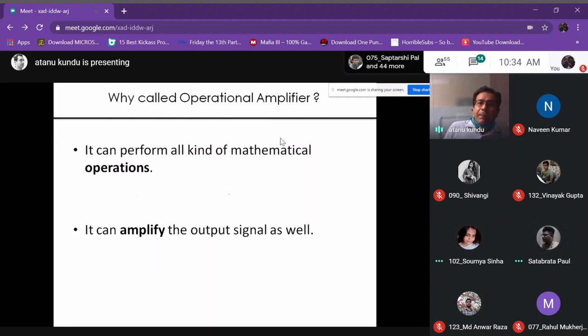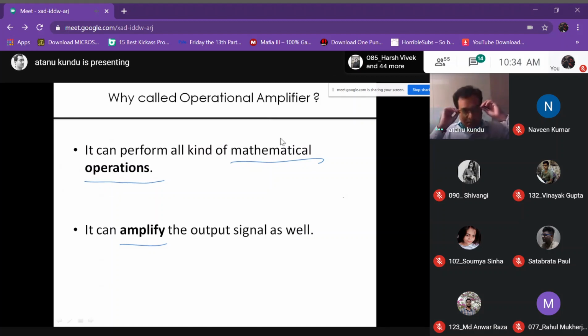So why the name op-amp? The op-amp name is because it can perform all kinds of mathematical operations, and it can amplify any signal. Any small signal it can amplify, and it can deal with analog as well as digital signals.